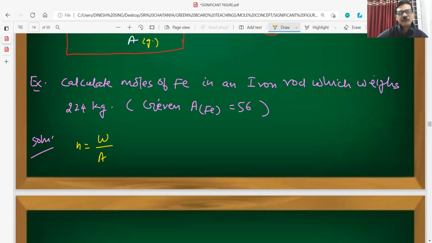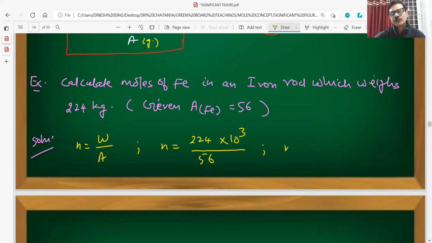So n equals W by A, which is 224 into 10 power 3, kg converted into gram, divided by its gram atomic mass 56. So n will become 224 divided by 56, that is 4 into 10 power 3 moles. 4 into 10 power 3 moles of iron are present in the 224 kg iron rod.